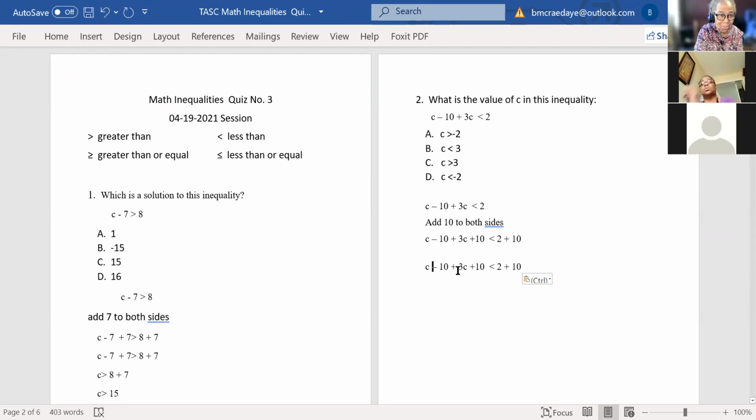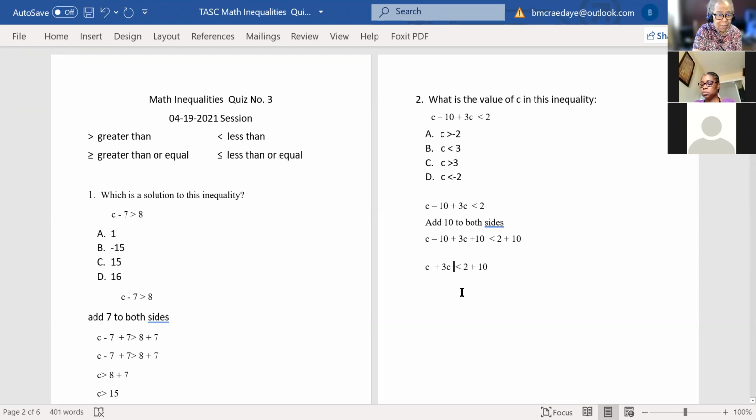Very good. Because the 10s add up to 0. The plus 10, the minus 10. So that's 0. And you're absolutely correct. We have 3C plus C, or C plus 3C. Doesn't matter which order we say them.